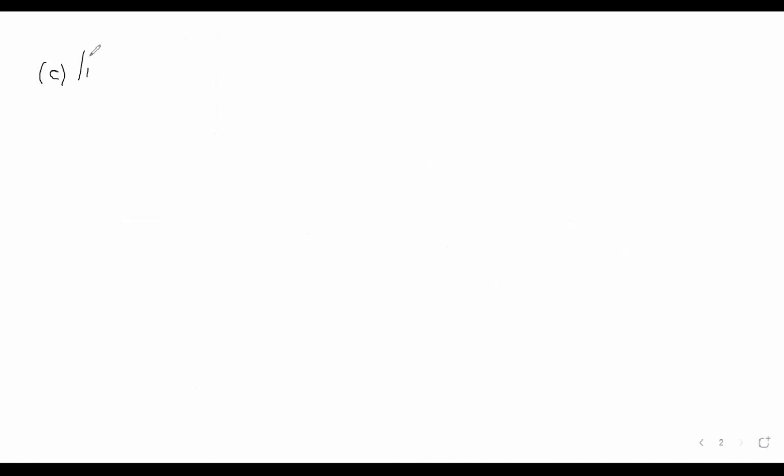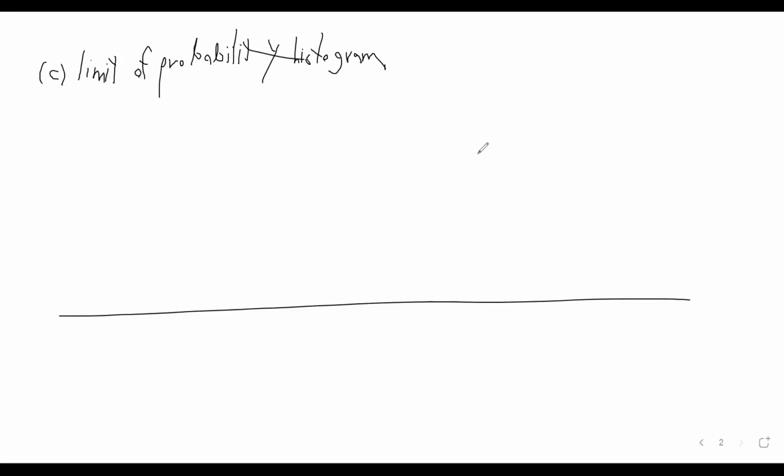But then C, you could talk about the limit histogram. So you could talk about the limit of the probability histogram. So as you keep considering smaller and smaller units, these are the original markings of it.